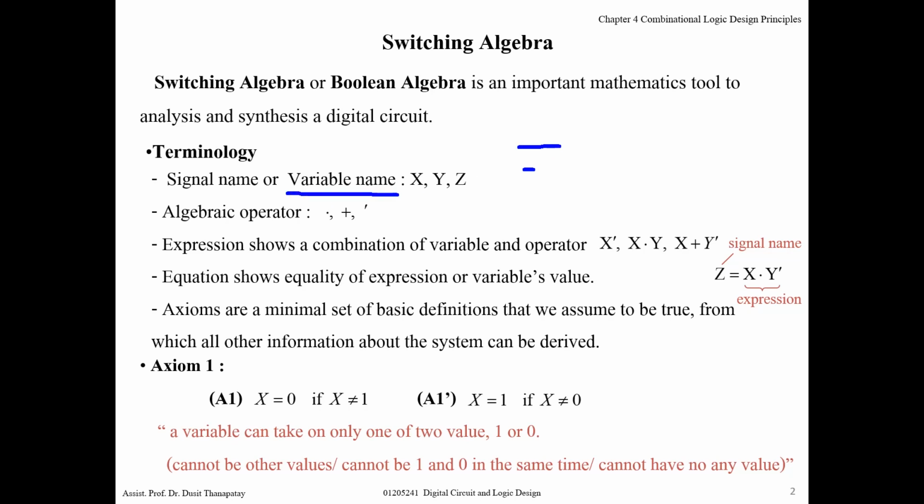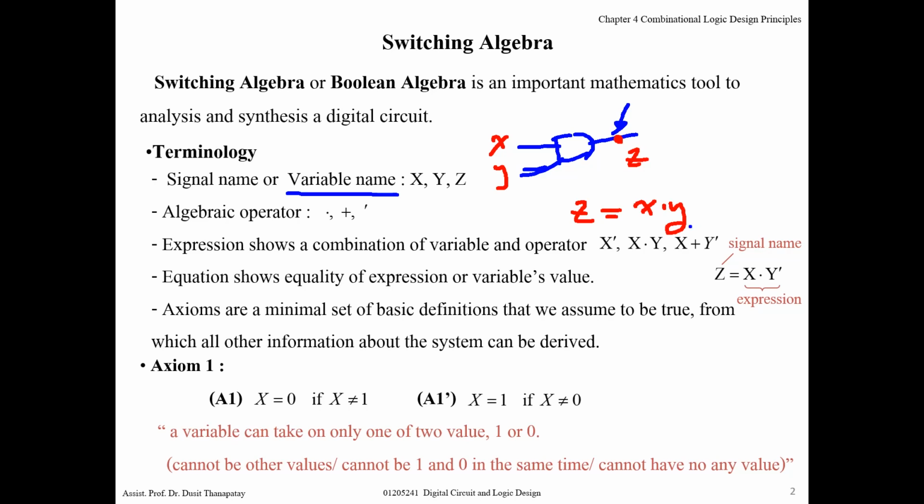But in the circuit, for example, we may say signal. The signal name here at this point: x and y give z, right? So in an equation, we may write z equal to x and y.